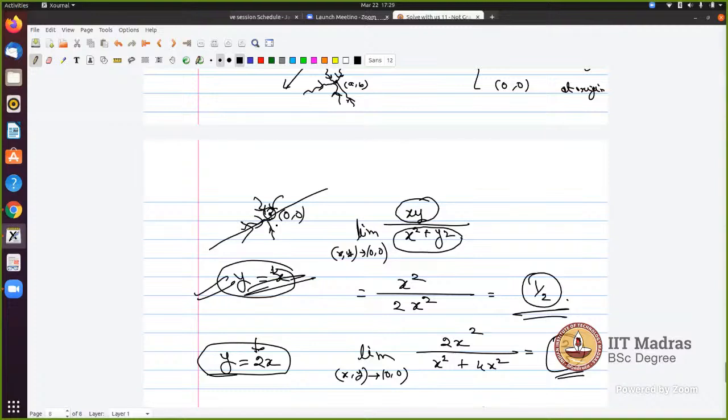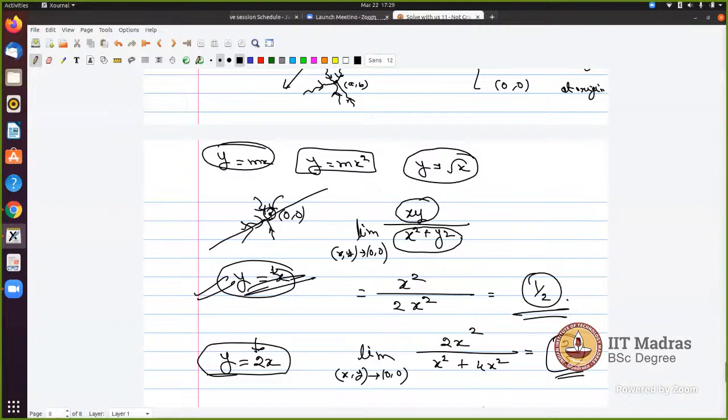No, no. Limit is a different issue. You have to practice it, I mean, how you have to approach a problem. In general, some specific curves work: y equal to mx, y equal to mx square, I mean a parabola, or y equal to m root x.